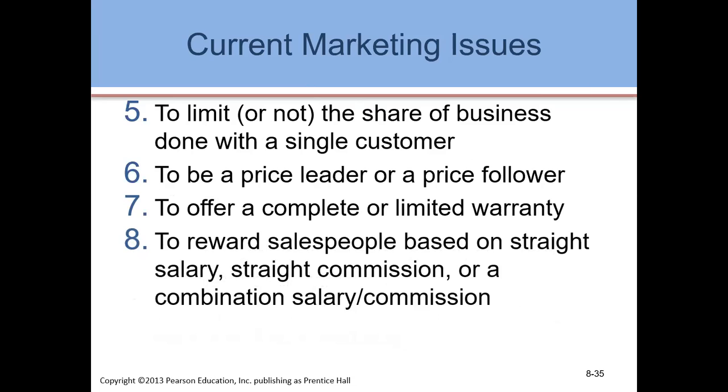There are some other issues like to limit or not the share of business done with a single customer, to be a price leader or a price follower, to offer a complete or limited warranty, to reward salespeople based on straight salary, straight commission, or a combination of salary and commission. These are all the concerns we should be focusing upon when we talk about implementation of strategy related to the marketing.